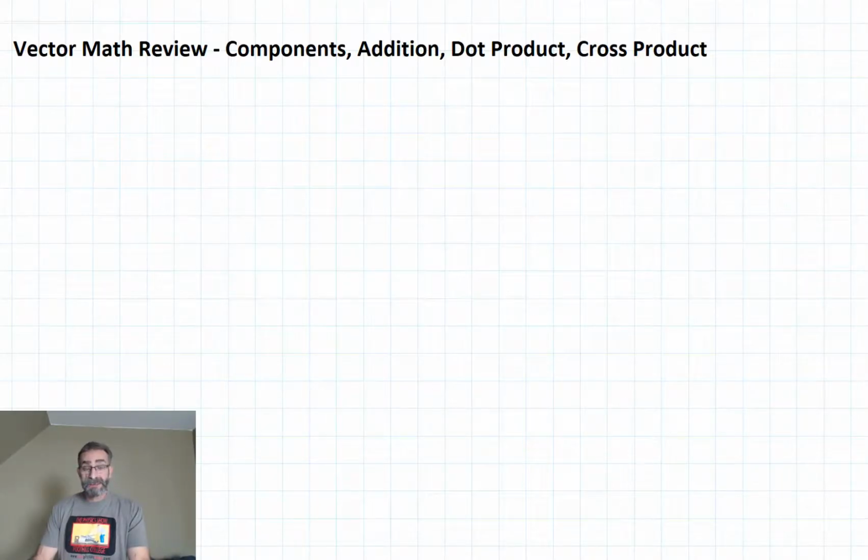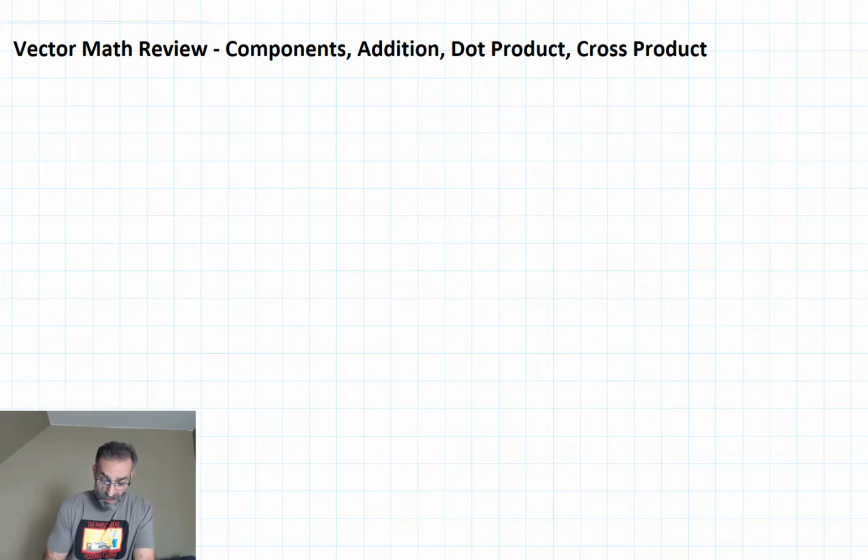We can break vectors up into their components. We can add them graphically. We can add them using components. And there are two more operations we do with vectors. We have a vector dot product, which we've already used, and we have a cross product, which is still coming up.